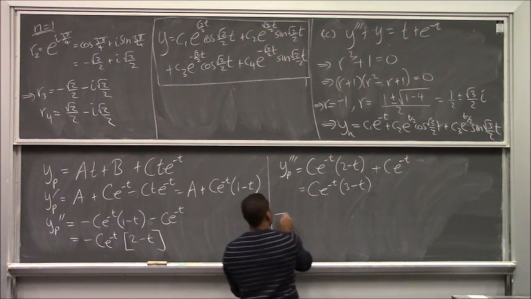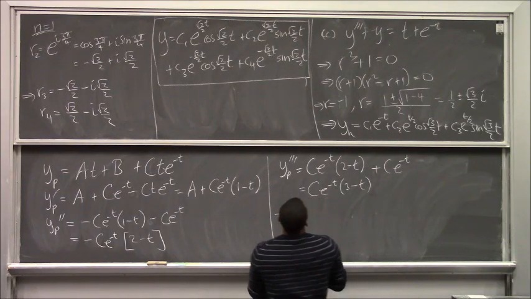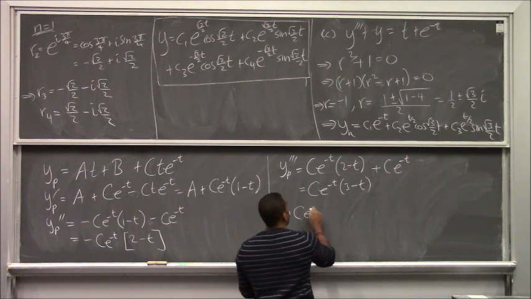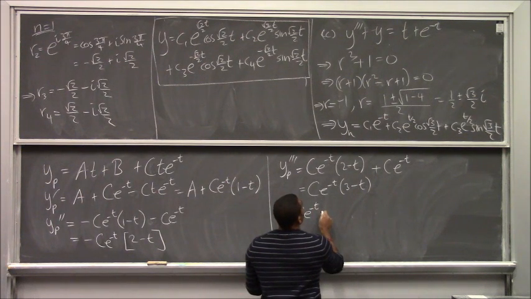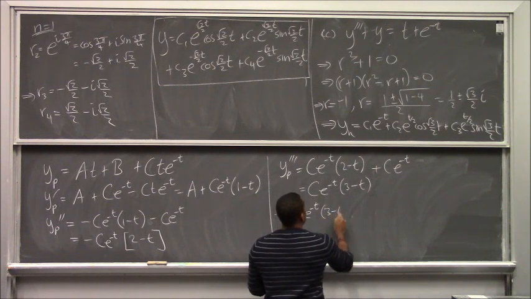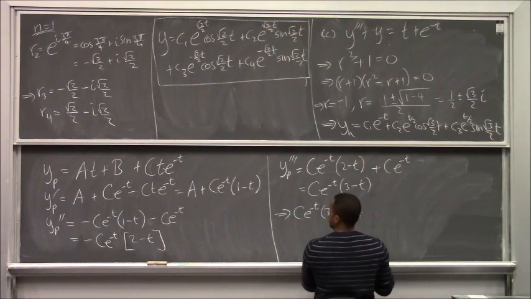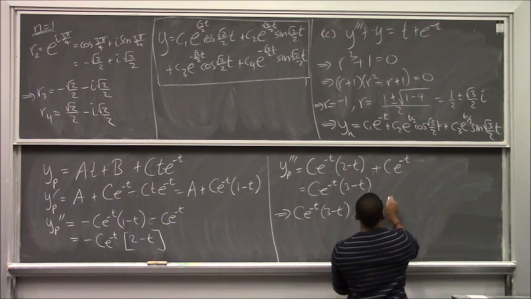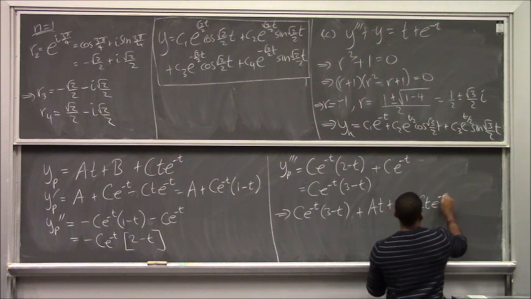Right? Now you plug it into the original. So I'm going to have the c e to the minus t times 3 minus t plus the original y, at plus b plus c t e to the minus t.